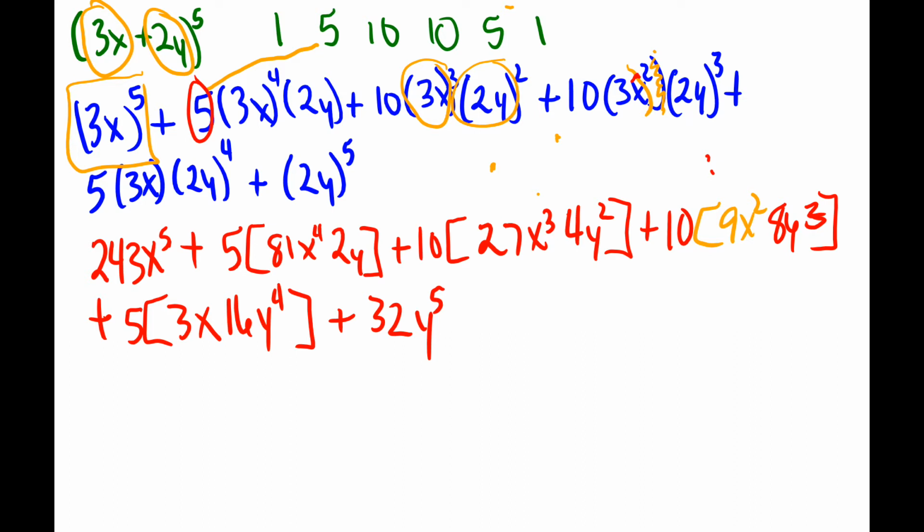Okay, now let's finish off this multiplication. My final answer is going to be 243x to the fifth plus, I got 5 times 81 times 2, you can put it in your calculator.